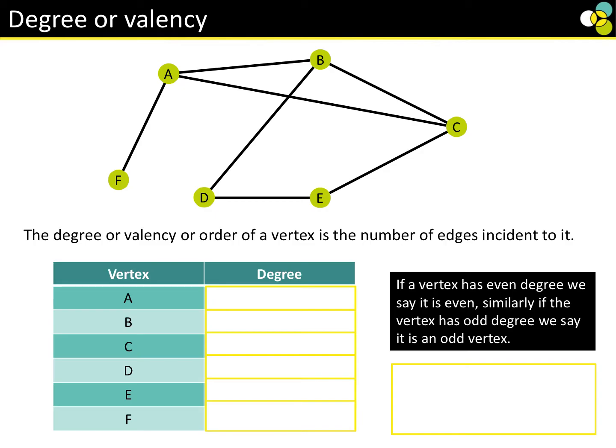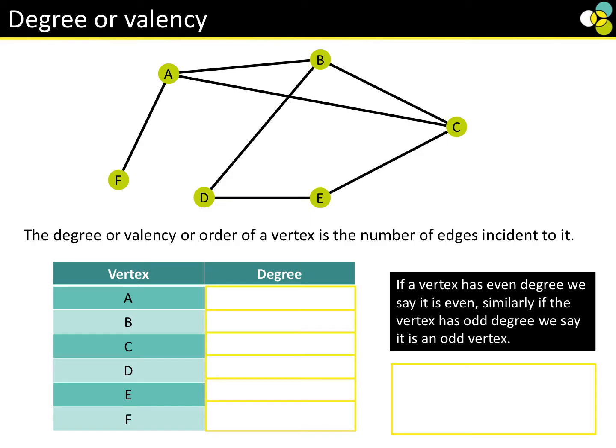So now we need to move on. There is a lot of terminology that we need to know so that when I'm talking throughout the course, you're going to understand what's going on. So the degree or valency or order of a vertex is the number of edges that connect to it, okay? You'll normally hear me say degree or order. I won't use the word valency, okay?